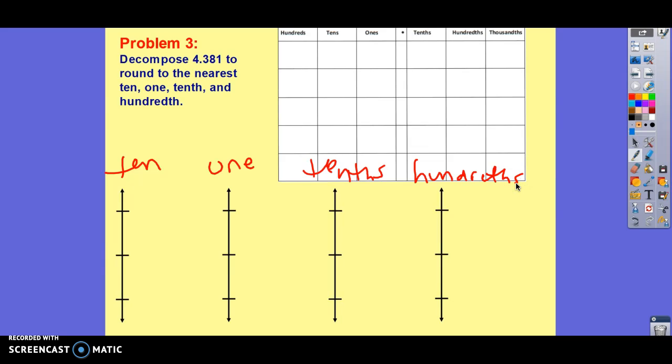Let's put this and decompose it on a place value chart. 4 and 381 thousandths is the same as 43 tenths, 8 hundredths, 1 thousandth. It's also 438 hundredths and 1 thousandth. We're not going to need this, but we're going to look at 4,381 thousandths.